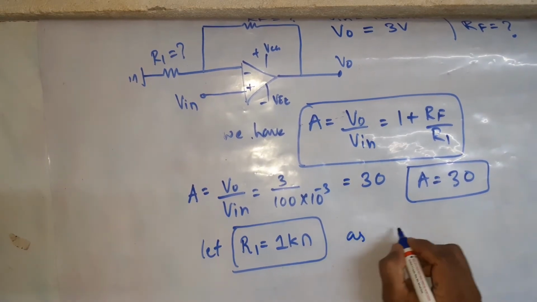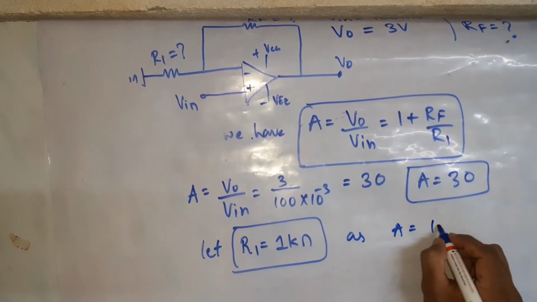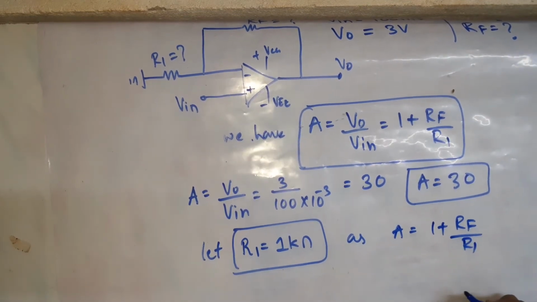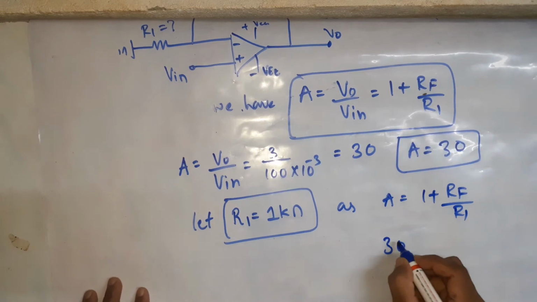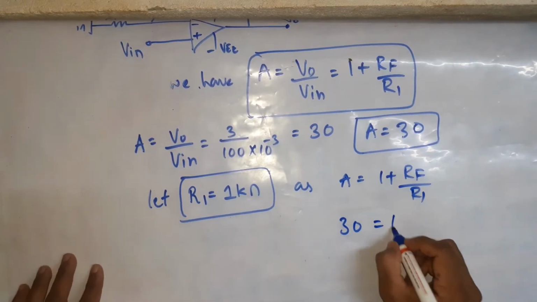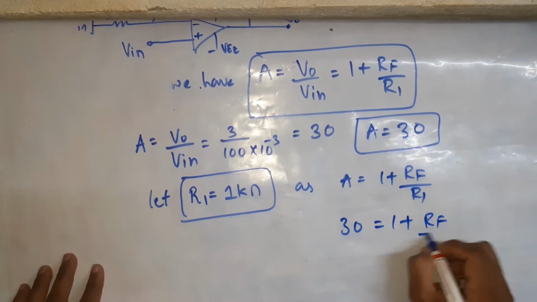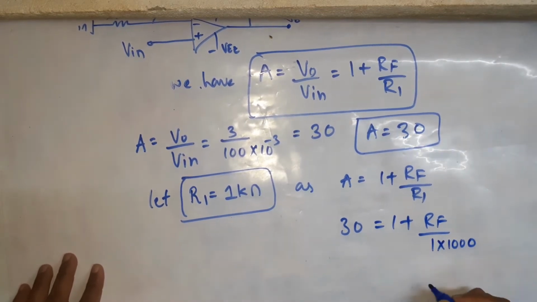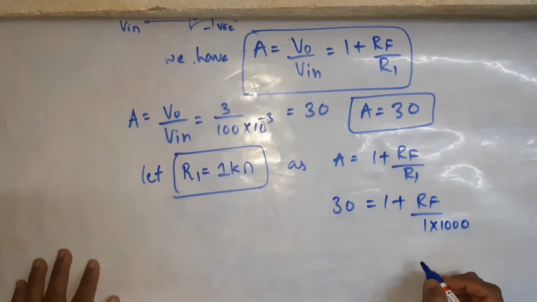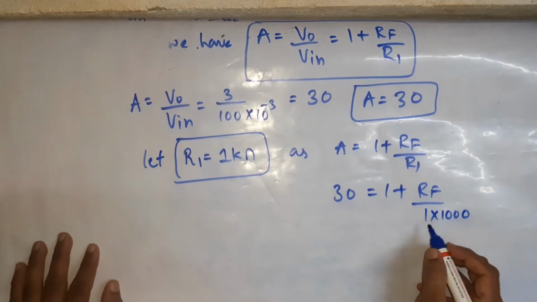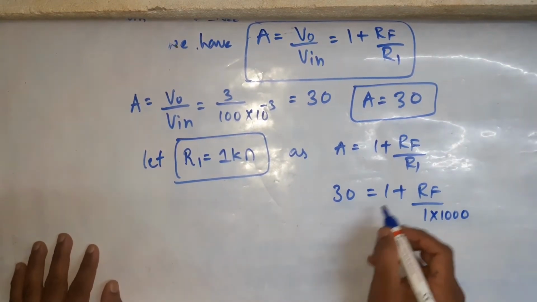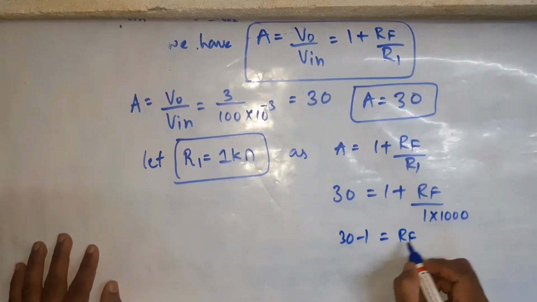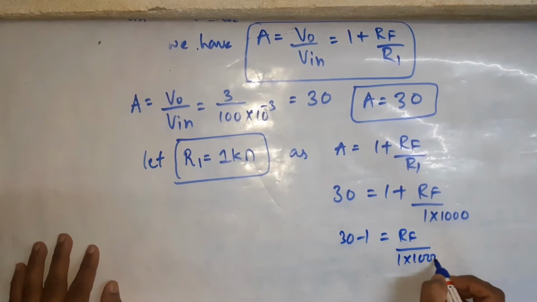See, as A is equal to 1 plus RF by R1, and A is our 30, so 30 equals 1 plus RF by 1 kilo, which I will write as 1000, that is 10 raised to 3. So I will simplify this. 30 minus 1 equals RF by 1000.